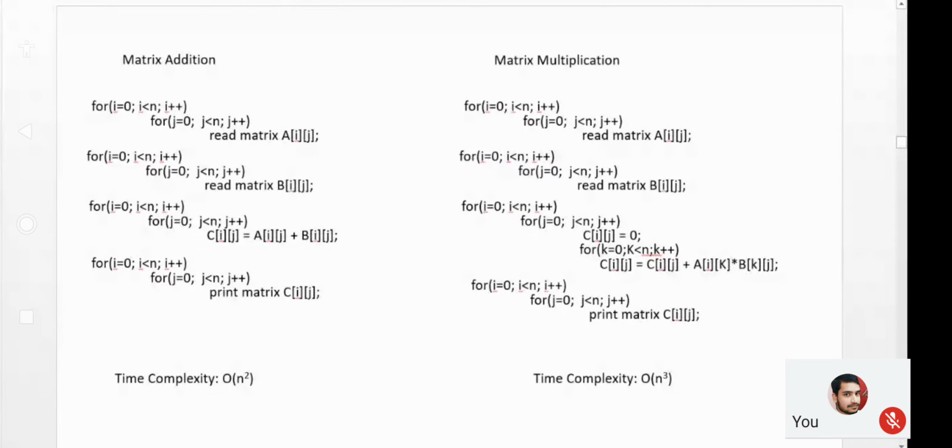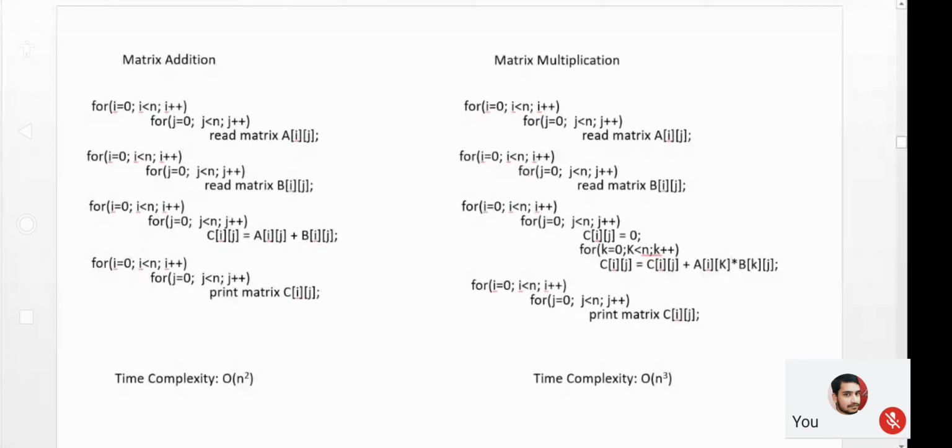The algorithm takes two inputs, matrix A and matrix B. After that, it processes those inputs. This is the process part. And after that, you have to produce some output. For producing output, again it takes order of n square.